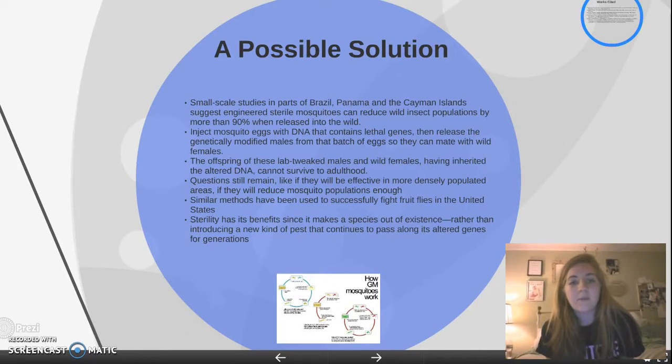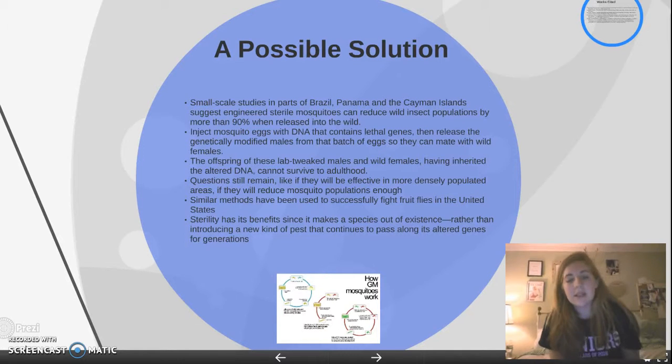What they do to genetically engineer and modify these mosquitoes is they inject mosquito eggs with DNA that contains lethal genes. And then they release the genetically modified males from that batch of eggs so they can mate with wild females.